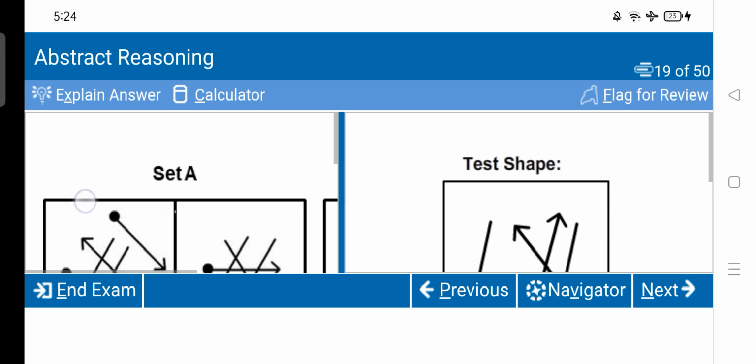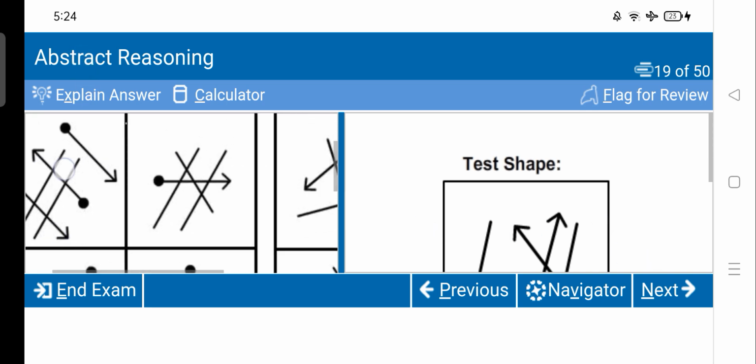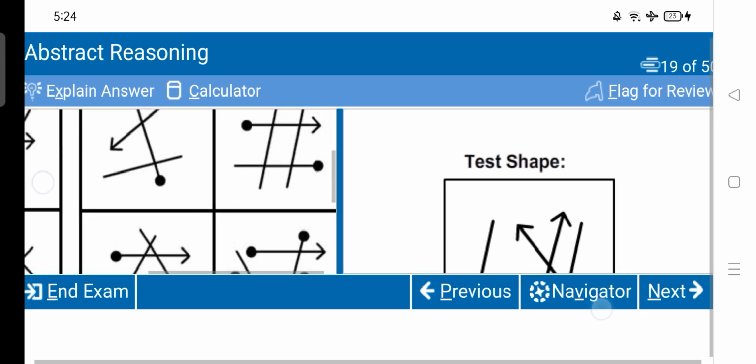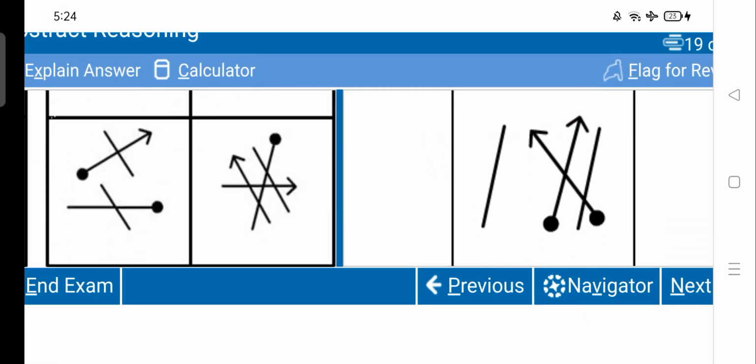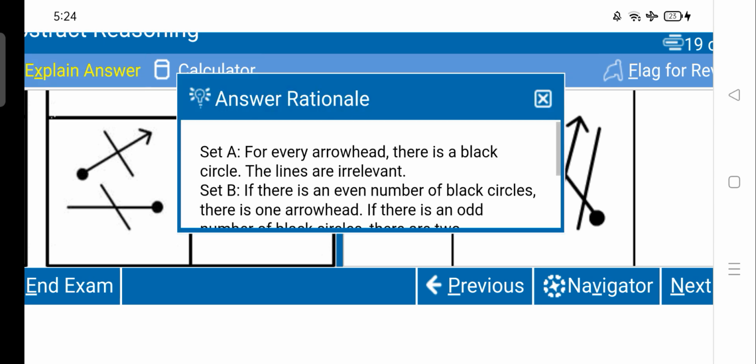Now in this question we have again the same set of shapes in set A and set B, and the test shape is given to us in this form. Here you can see. So the rules are also the same. For set A, for every arrowhead there is a black circle, and the lines are irrelevant.